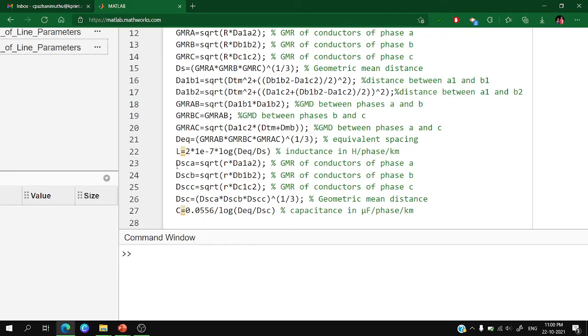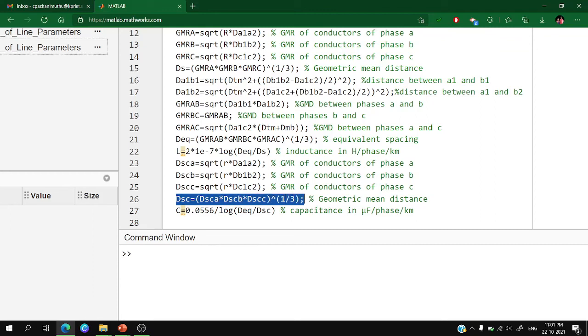In that we need to calculate the distances DSA, DSB and DSC. That is DSA is square root of R into distance between A1 A2. Similarly square root of the distance between B1 B2 into R. Similarly for C, distance between C1 C2 into R. We have to calculate the geometric mean distance.